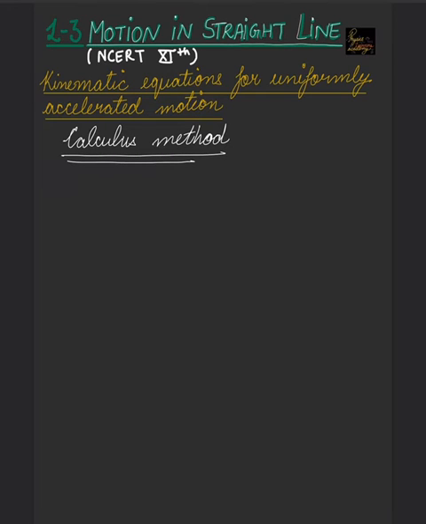NCERT uses a graph, but I would prefer everyone learns it through the calculus method. It's not hard to learn nor is it easy to learn. You don't have to memorize it. In fact, sometimes you have to do the numericals, but you should understand how we derive these three equations, which are very important to us.